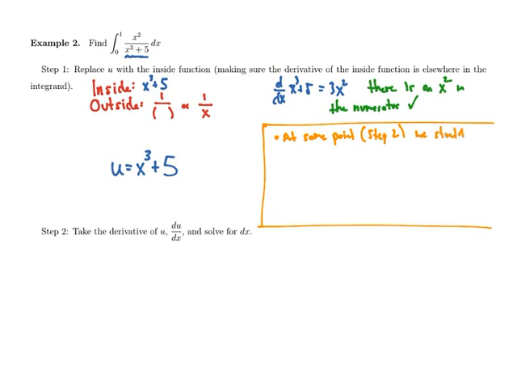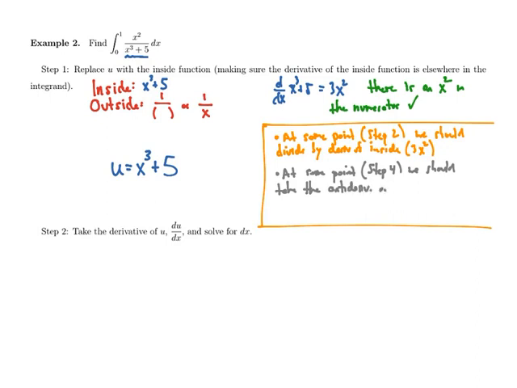We should be dividing by the derivative of the inside. That is the 3x squared. And we also know that at some point, in step 4, we should take the antiderivative of the outside function.